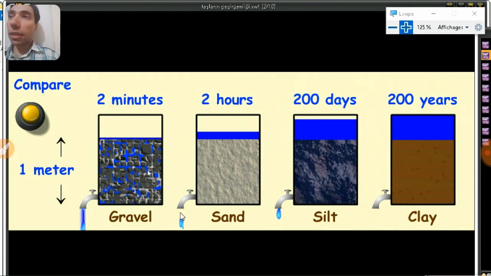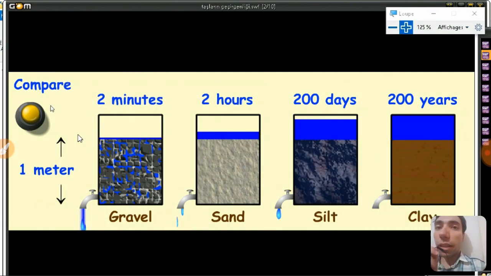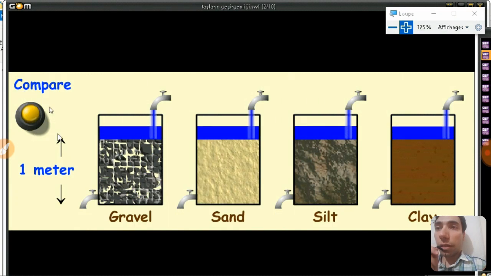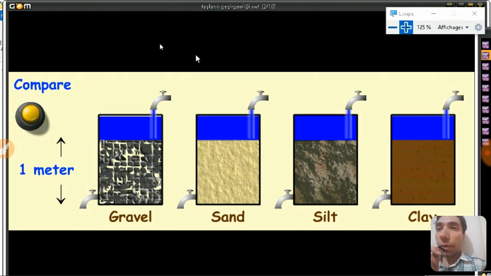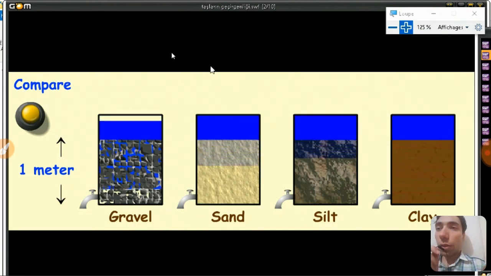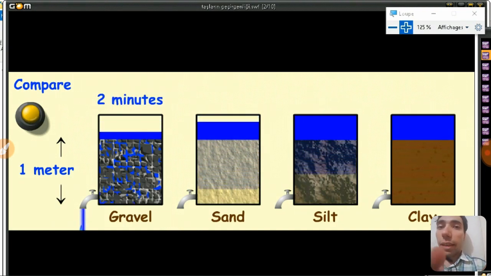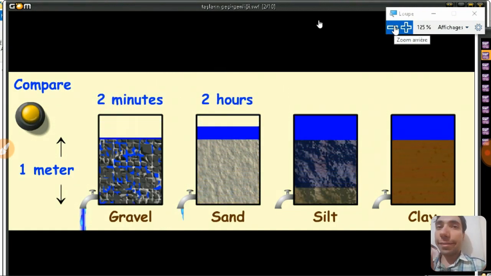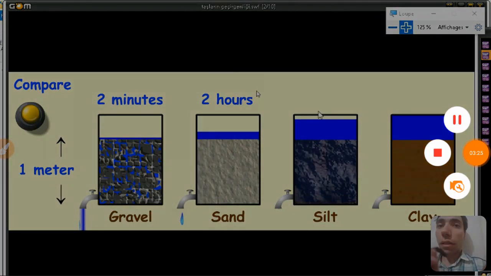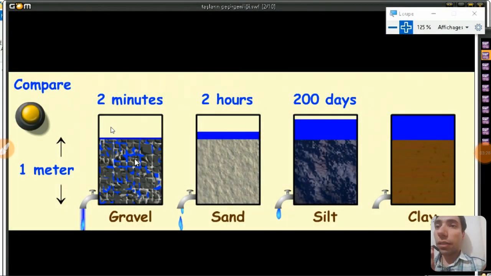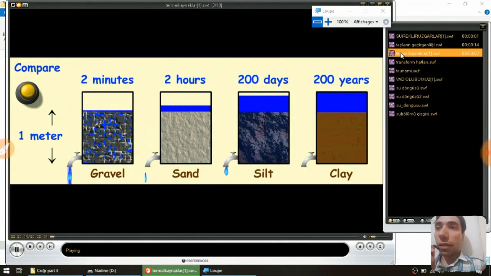That's why landslides appear in tropical or really wet surfaces. Clay, as you can see. So 200 days, 1 meter of sand, gravel, silt, it makes a difference.